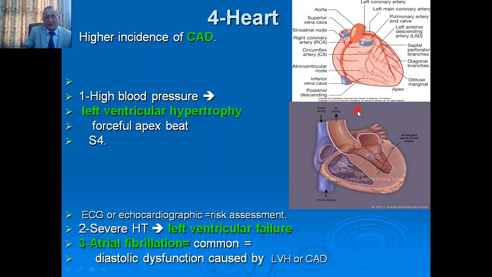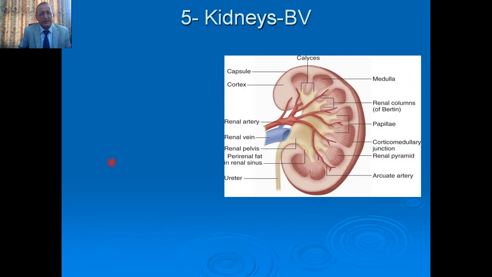It will have atrial fibrillation and produce fourth heart sound before the atrial fibrillation. So in summary, the heart and coronaries will suffer from hypertension. The coronaries, angina and myocardial infarction. The left ventricular hypertrophy and left ventricular failure with higher incidence of atrial fibrillation. That's why hypertensive patient has higher incidence of atrial fibrillation.